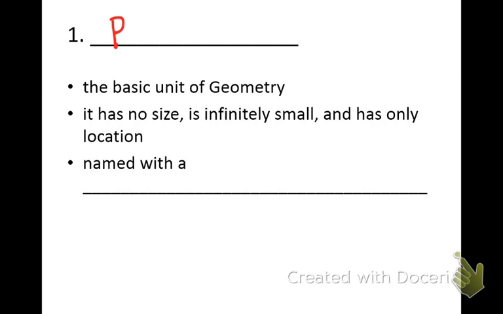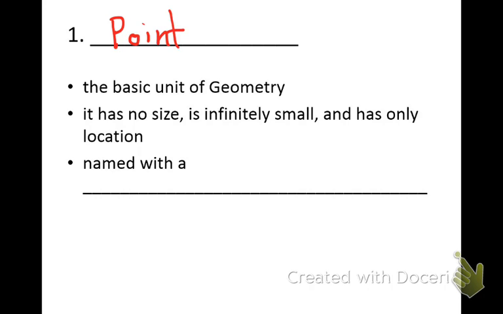A point is the basic unit of geometry. It has no size, is infinitely small, and only has location. So if I take a place in space, this point right here, I take my fingers away, that's a point. It's got a location, but it doesn't have any size. It's just a location in space, a single location.